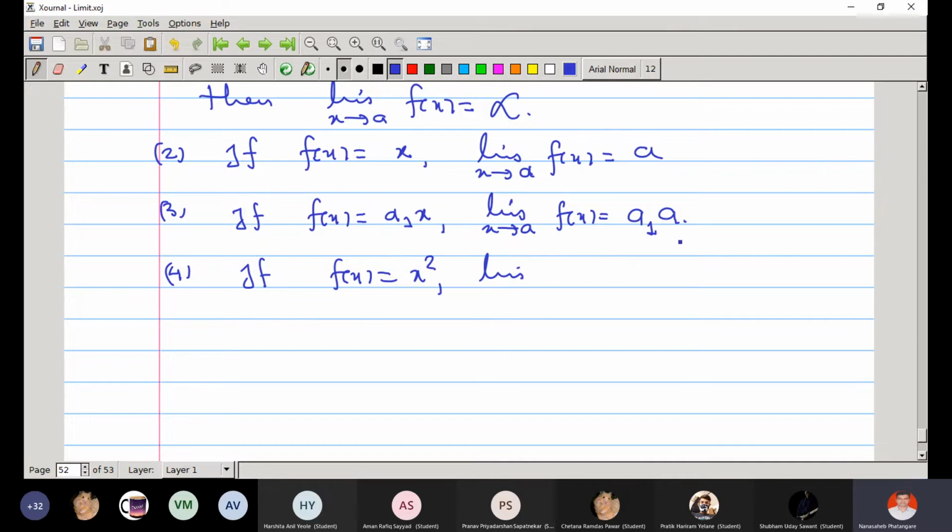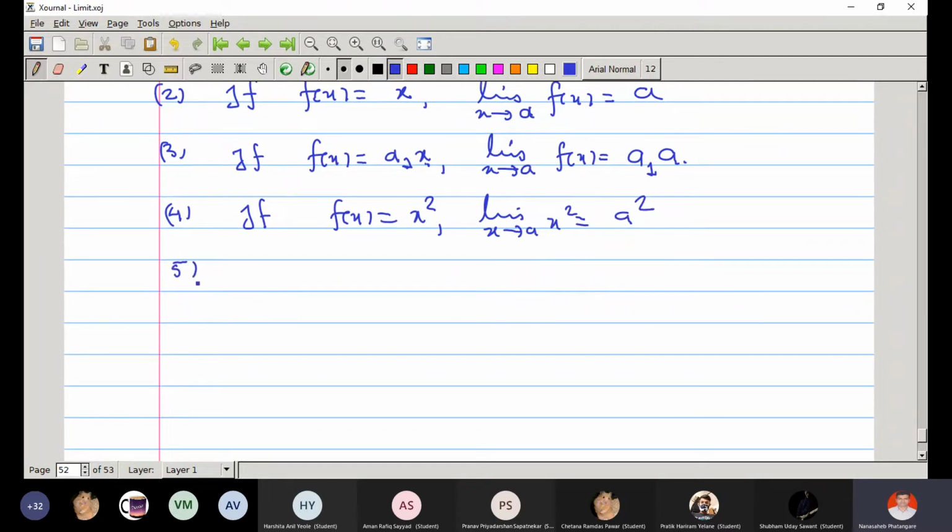It is a1 times a by the previous theorem. It is the limit of a1, a1 is a constant, so limit of a1 into limit of x. The limit of x is a. Therefore it is a1 times a. So the limit as x tends to a of x square is a square. This also we have discussed.